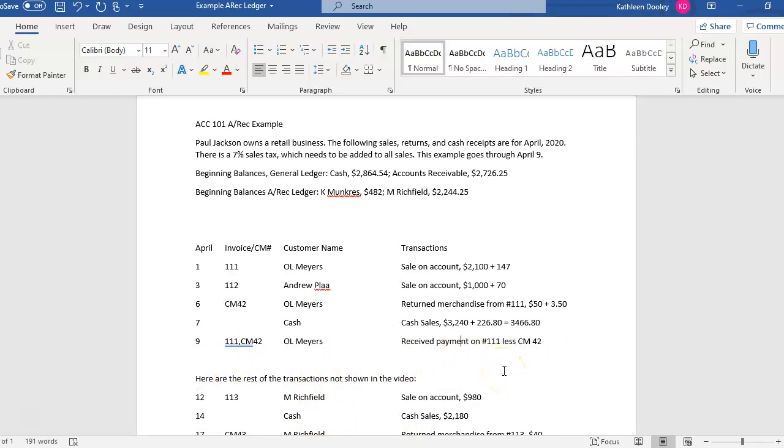Now you can do a schedule of accounts receivable on any day. Typically it's going to be done on the last day of the month after all the transactions. But we can do one right now on the 9th. Once you have everything posted into accounts receivable and you have everything posted into the subsidiary ledger, you can do the schedule of accounts receivable to make sure that everything is good.